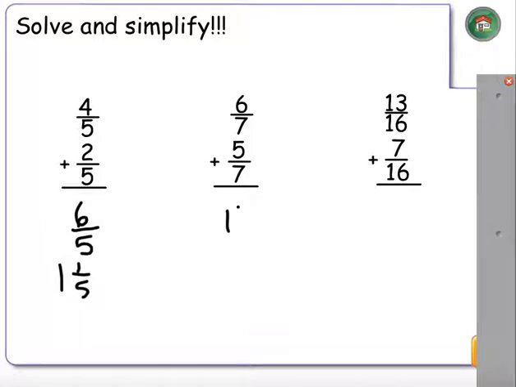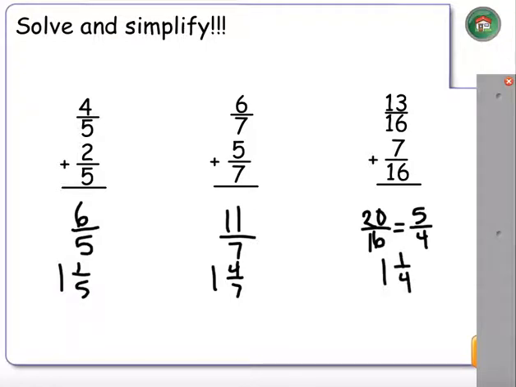We get 11/7, or 1 and 4/7, or we get 20/16, which we can simplify, since each of those has a 4 that can be taken out, to 5/4, or 1 and 1/4. So common denominators, they are our friends.